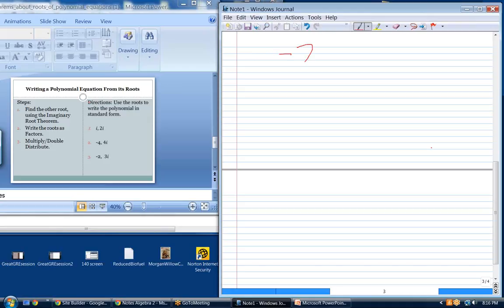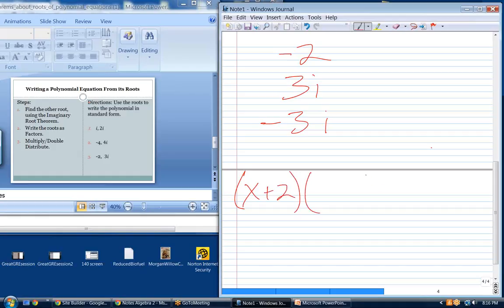So here we have solutions of minus 2 and 3i. You take it from here. So that's another solution. Now write the roots as factors. x plus 2. Right. x plus 3i, x minus 3i.